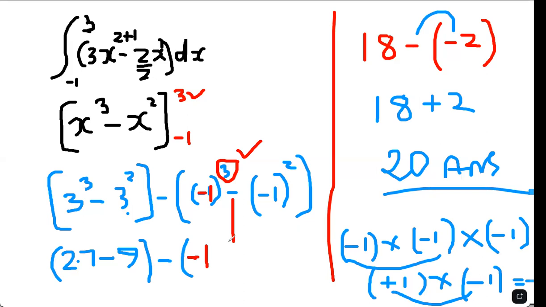This negative comes back here, minus. So this thing that we have here gave us a 1. And that is how the -1 minus 1 gave us a -2.